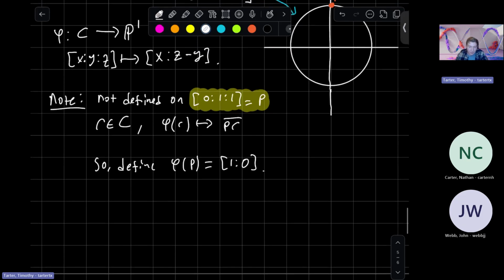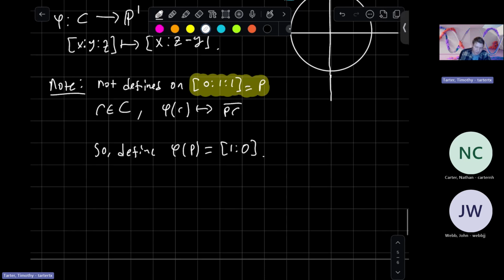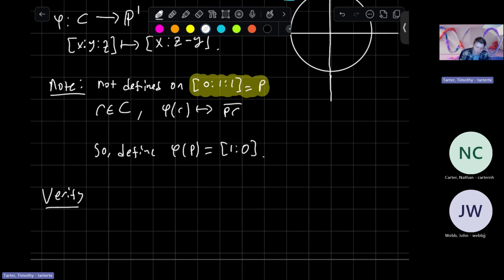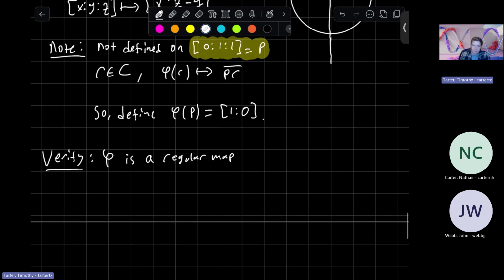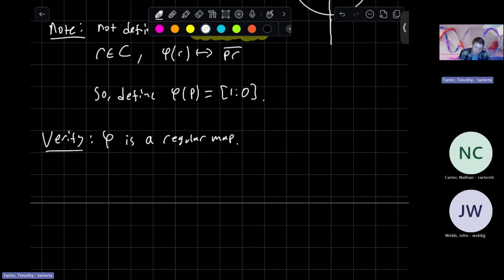So now let's verify that this is actually regular. So claim: phi is a regular map. Okay. So what we'll do is we'll take coordinates s and t on P1 with our traditional affine opens.